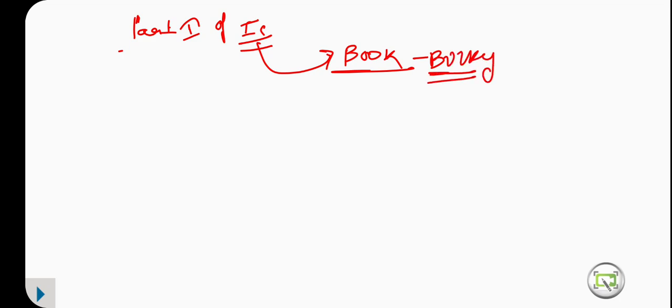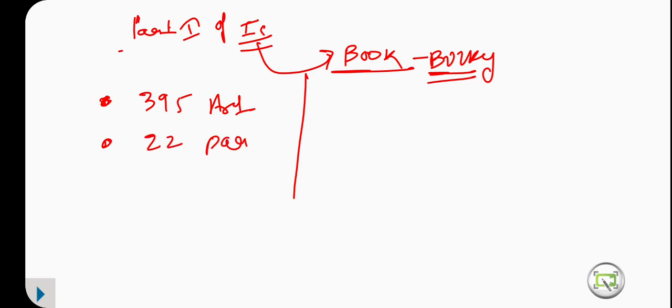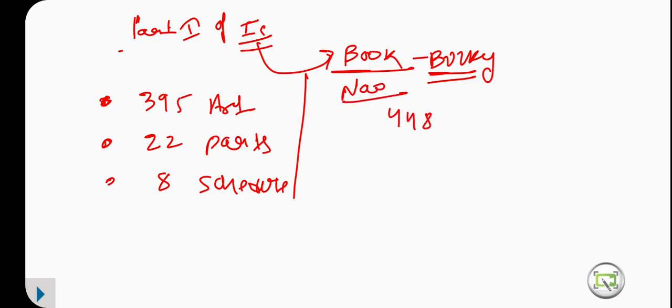As we learned in the previous class, initially there were 395 articles, 22 parts, and 8 schedules. Now we have 448 articles, 25 parts, it is confirmed, and 12 schedules.